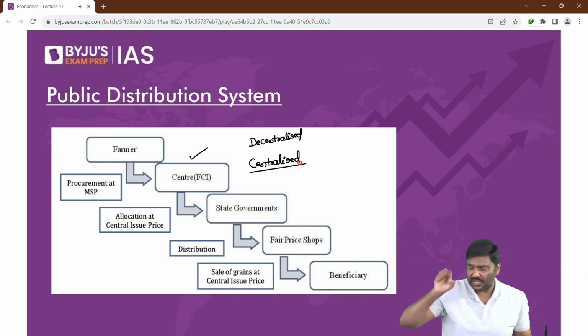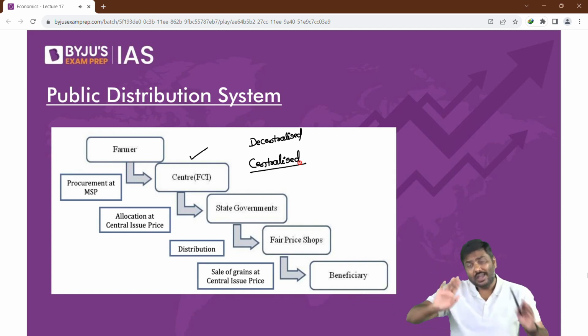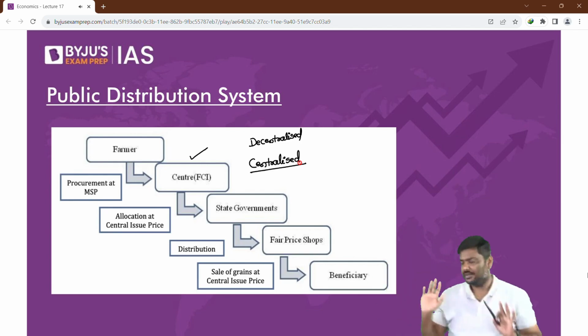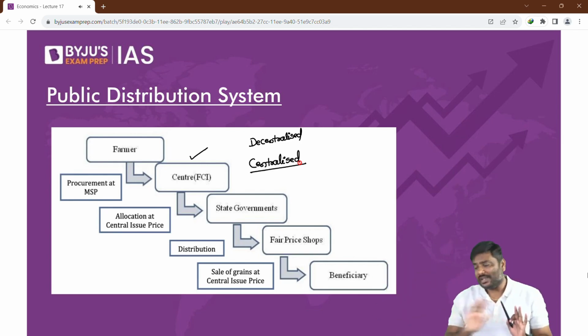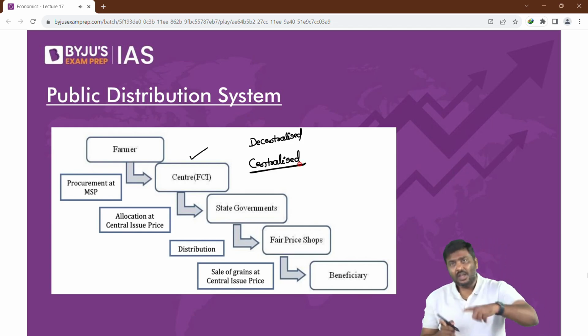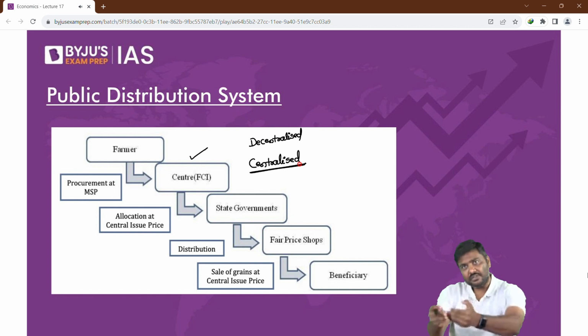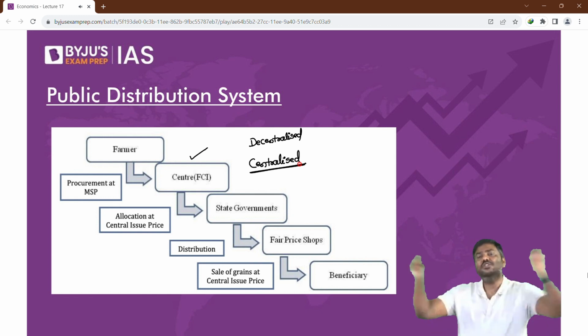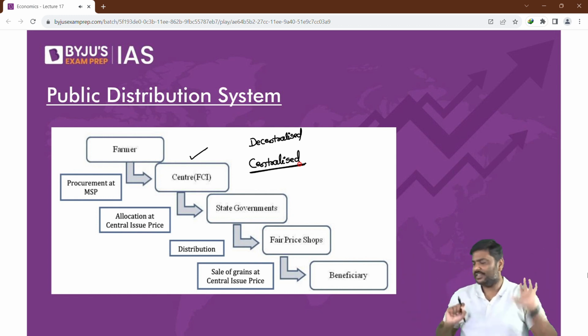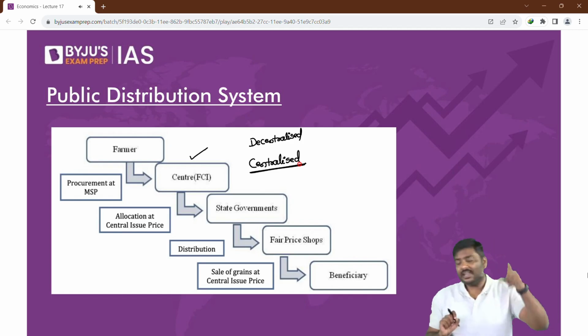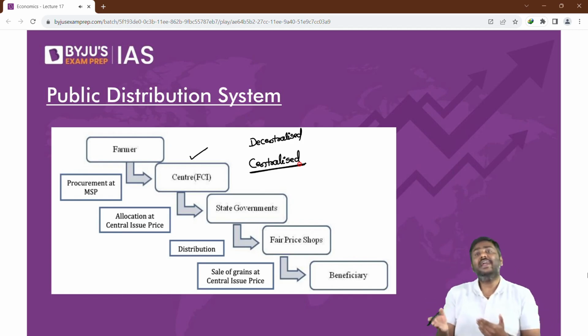On the other side, what is decentralized? The state government will procure, that means purchase, store and distribute food grains. Don't say both are one and the same. Listen very carefully. In centralized, the Food Corporation of India, either directly or through state agencies, will procure and then distribute the food grains to different states.